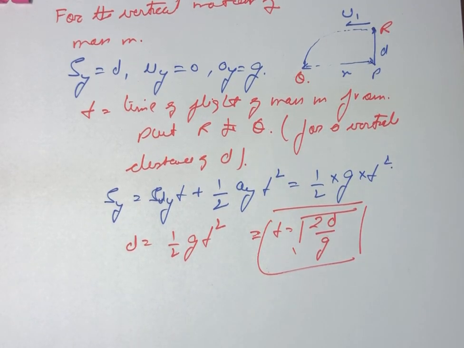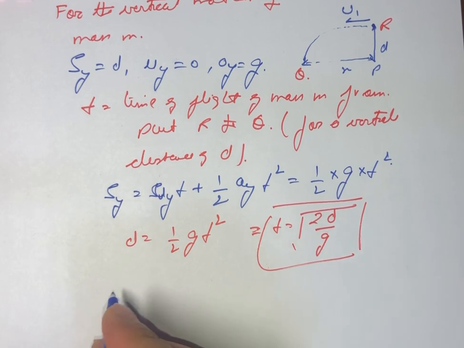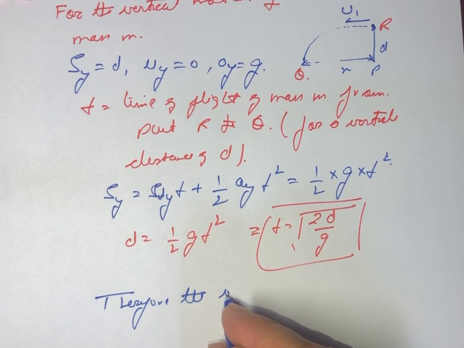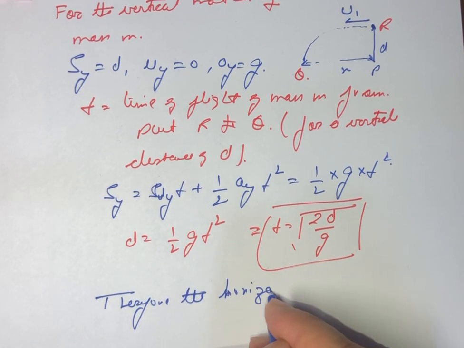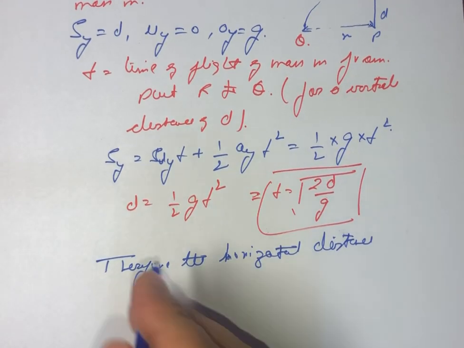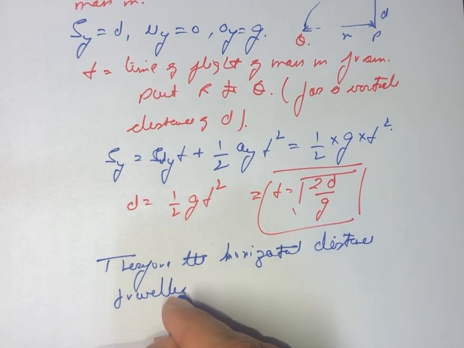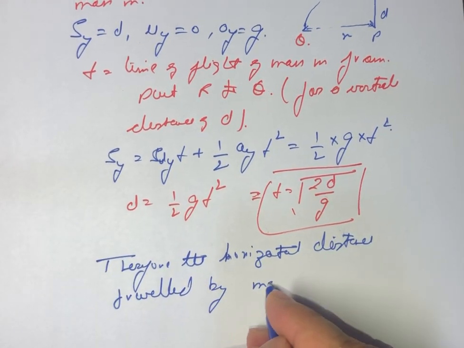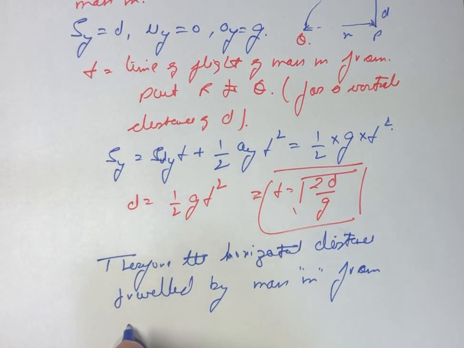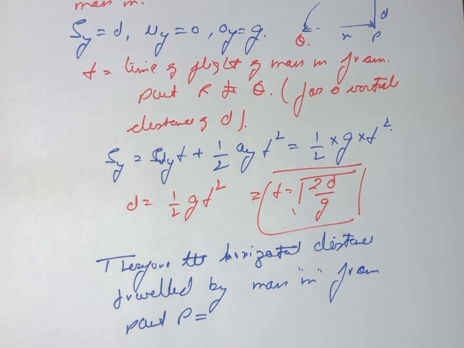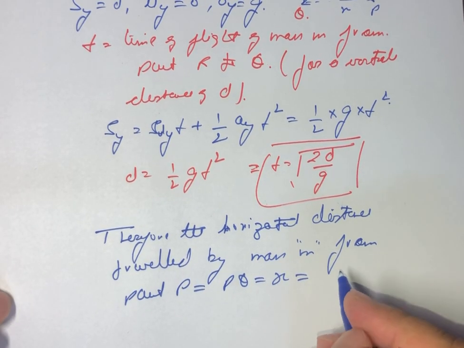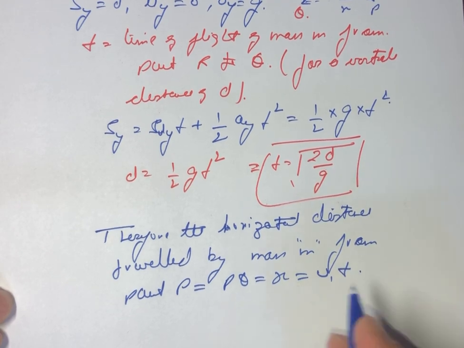So we can find out the horizontal distance. Therefore, the horizontal distance traveled by mass m from point P is equal to PQ, which is equal to x, and the formula is velocity v1 multiplied by time t.